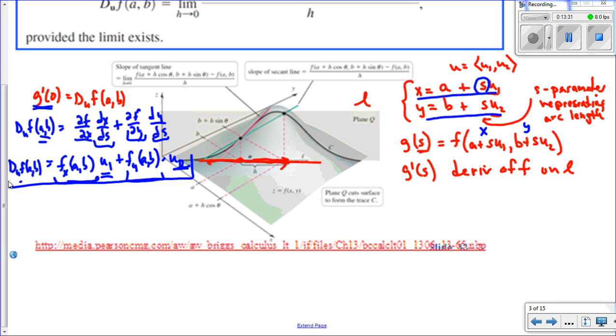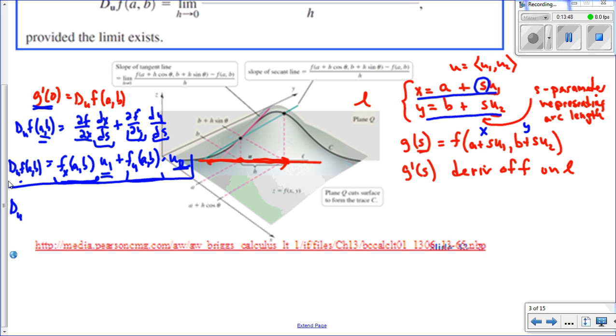Now, there's another way that we can write this. Instead of saying the partial with respect to X at AB times U1 plus the partial with respect to Y at AB times U2, we could think of this as a dot product.